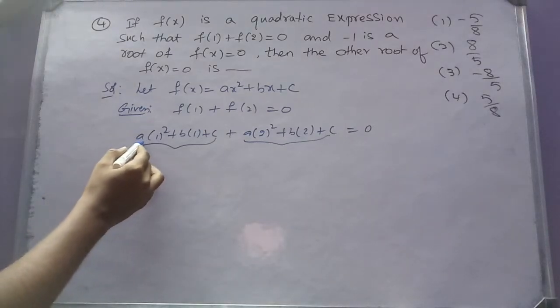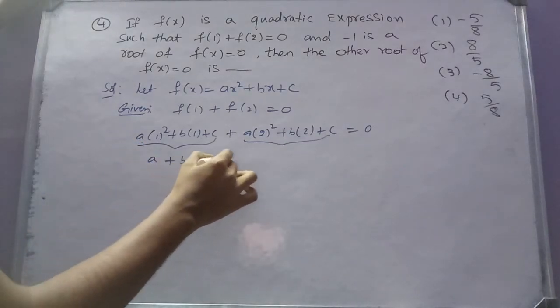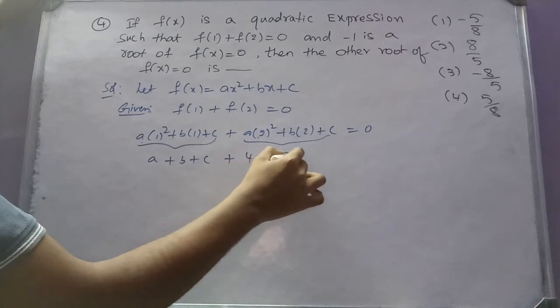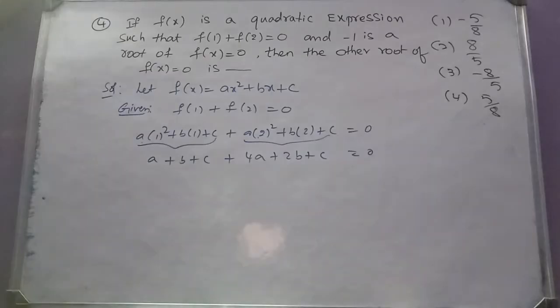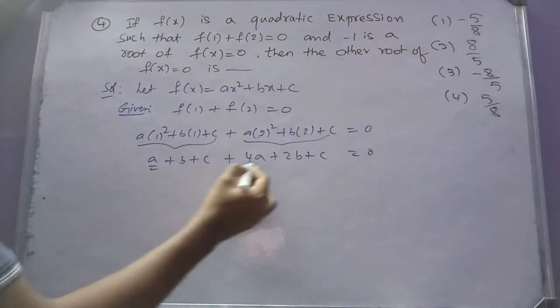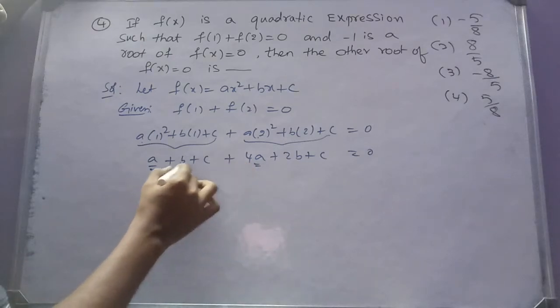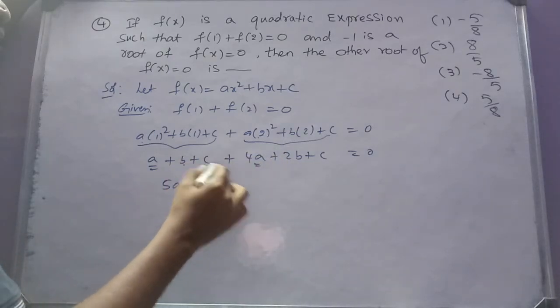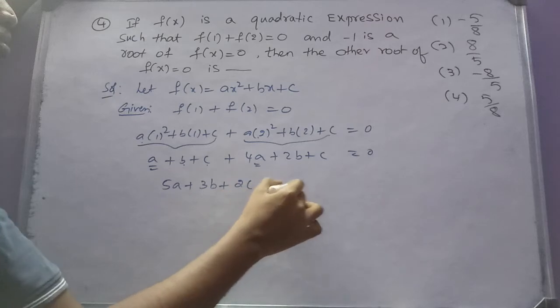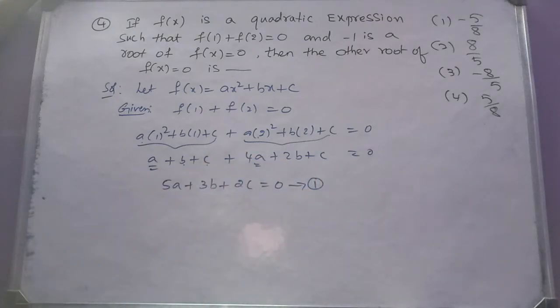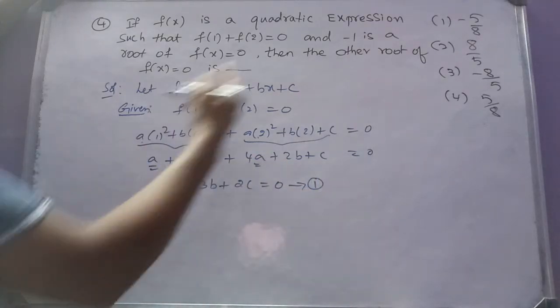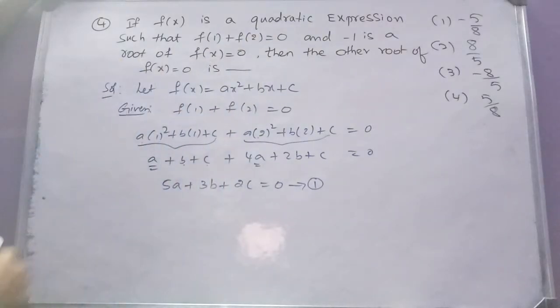This is f of 1, this is f of 2. So you'll get here what? A plus b plus c, and here you'll get 4a plus 2b plus c equal to 0. So add the like terms. A plus 4a is 5a and b plus 2b is 3b and c plus c is 2c equal to 0. Call this as equation 1. He also told that minus 1 is a root of f of x is equal to 0.